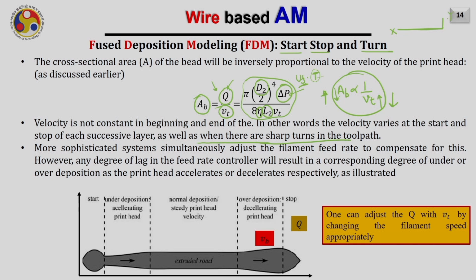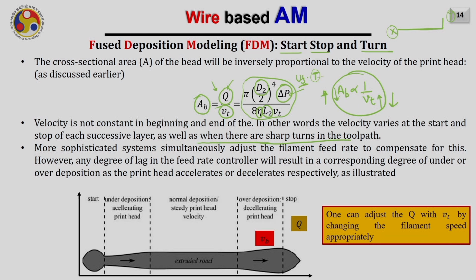Now you are moving in the Y direction, and the X motor has to stop and the Y motor has to start. Due to inertia, this doesn't happen instantaneously. There is a delay, so the velocity doesn't change rapidly. It takes some time and forms a trapezoidal shape.